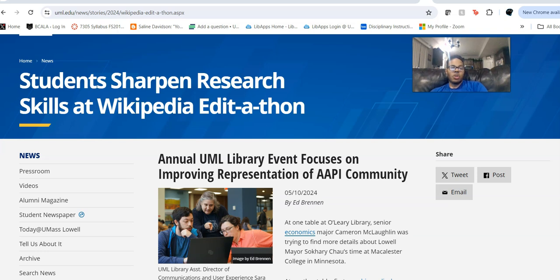So that's why we don't recommend that you give somebody Wikipedia as an actual source when they're looking for sources.